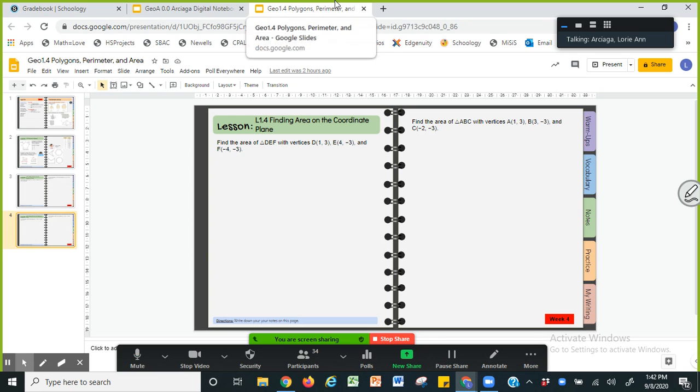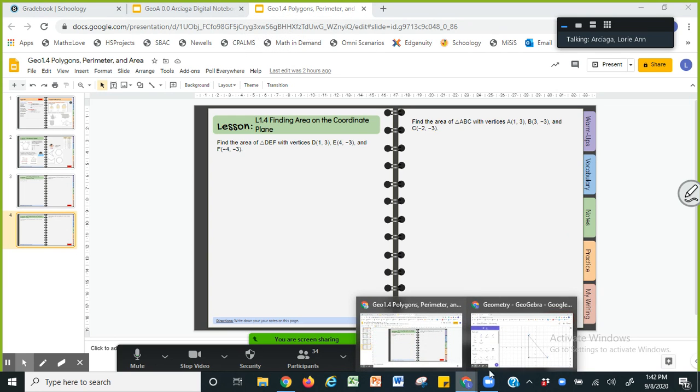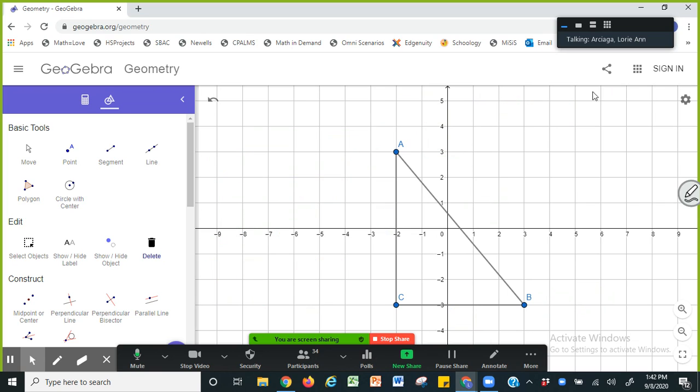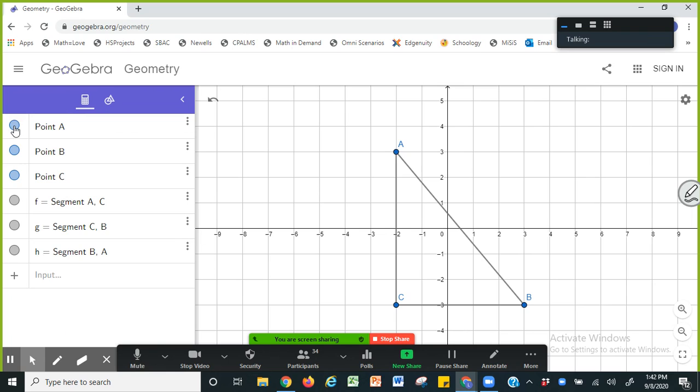So I'm going to switch to the GeoGebra. I'm going to clear the ink. So the next thing that we will do is how to find the area. Let me see if I can hide these points. So you see how I'm hiding them? Just unclick the circle. There you go. Because if you want to go back later on, you can still see it.